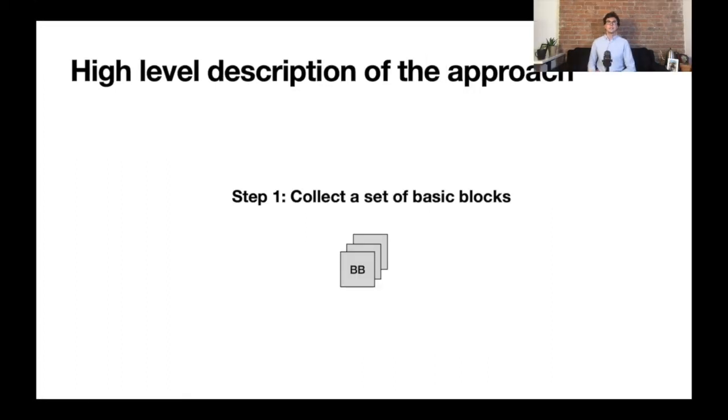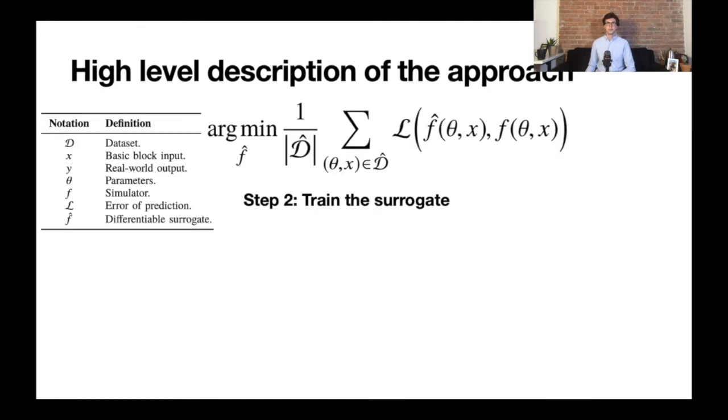All right, so back to DiffTune. At a high level, DiffTune's algorithm looks like this. First, we collect a ground truth dataset of basic blocks that exhibit the behavior that we want to model. Next, we train the differentiable surrogate, represented by f hat here, to be as similar as possible to the original simulator.